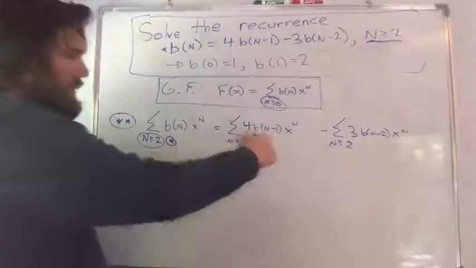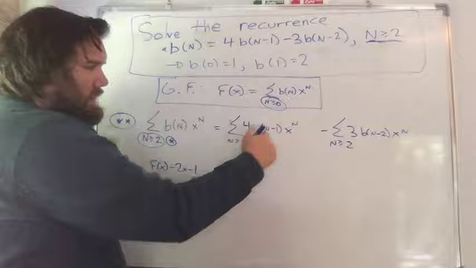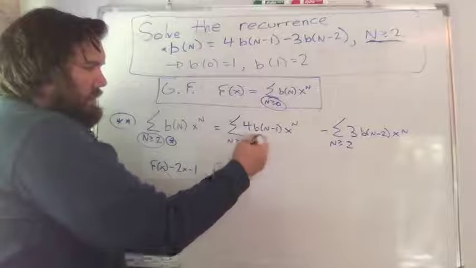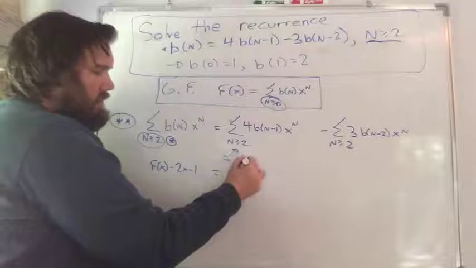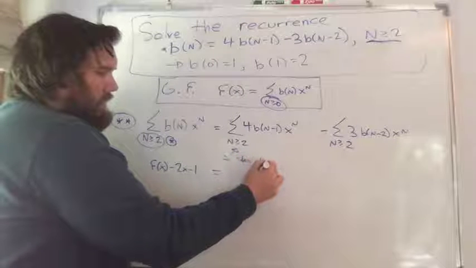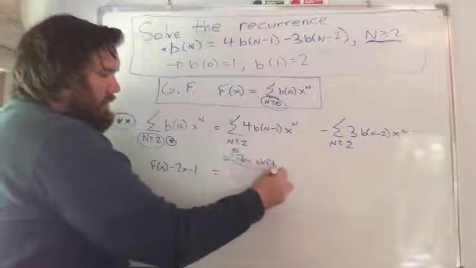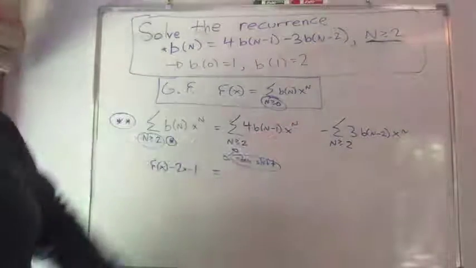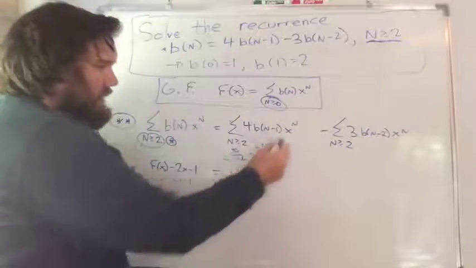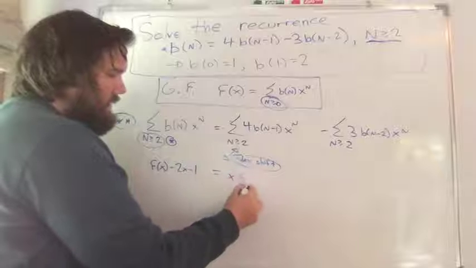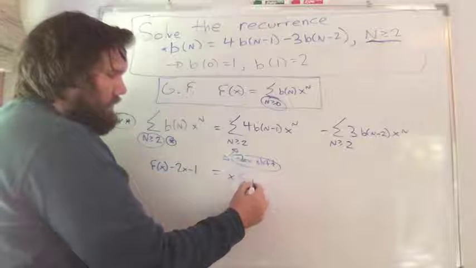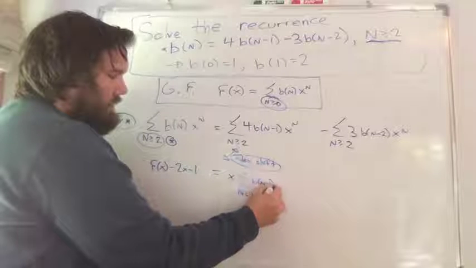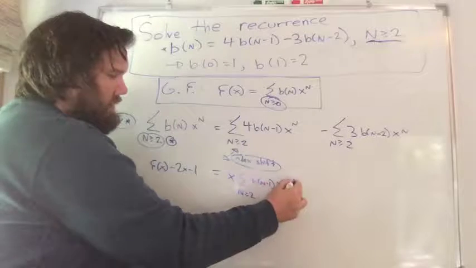Then if I look here, I can do an index shift. So I'm going to go over this in more detail in another video about how to index shift. But basically, if I factor out an x here, which I can do because n is greater than or equal to 2, now I have x times the sum n greater than or equal to 2, b of n minus 1, x to the n minus 1.